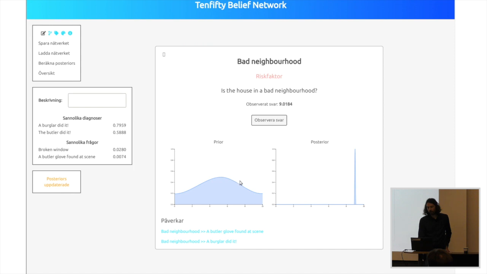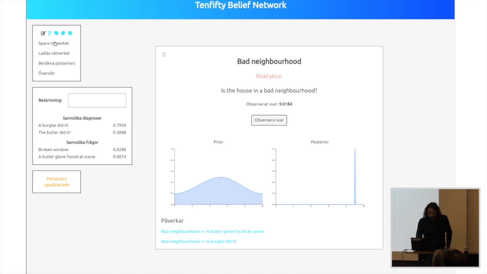So this is the prior, but now we know the posterior, we know that it's a bad neighborhood. The question disappears from the things it wants to observe, and suddenly it thinks that maybe a burglar did it. Because in a bad neighborhood, it's more reasonable that the burglar did it. But we can also see that it didn't affect the probability that the butler did it.